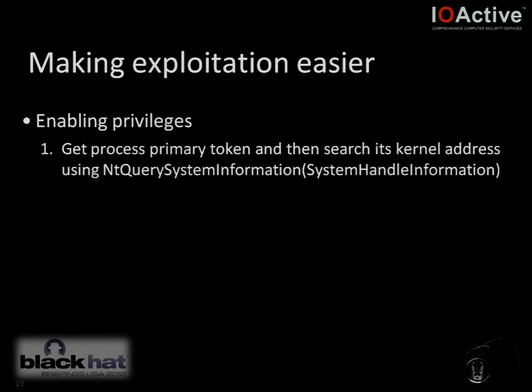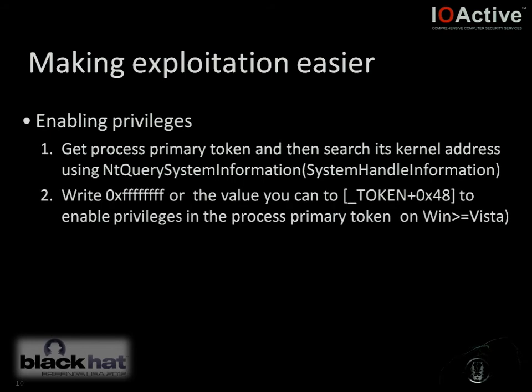So let's see this trick step by step. First, what we need to do is get the primary token kernel address from our exploit process. We can do this by using the NtQuerySystemInformation API, running it, searching through the array of results it returns, identifying our token, and then getting the kernel address.